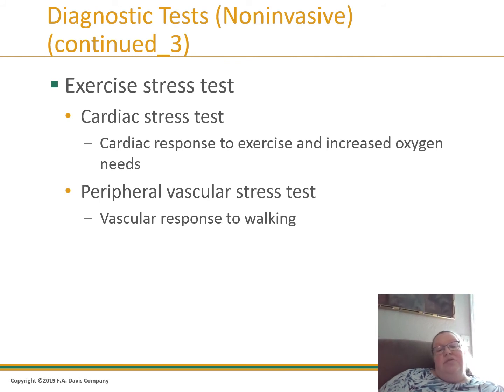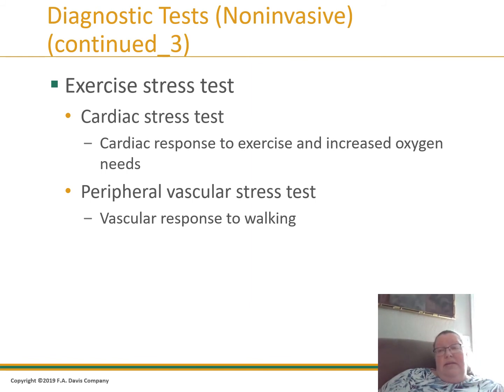An exercise stress test is a cardiac stress test. It's a cardiac response to exercise and increased oxygen needs. They can do this chemically now. For instance, for people who can't walk on a treadmill or run because of physical issues, they will give them a chemical that increases their heart rate and oxygen demand.